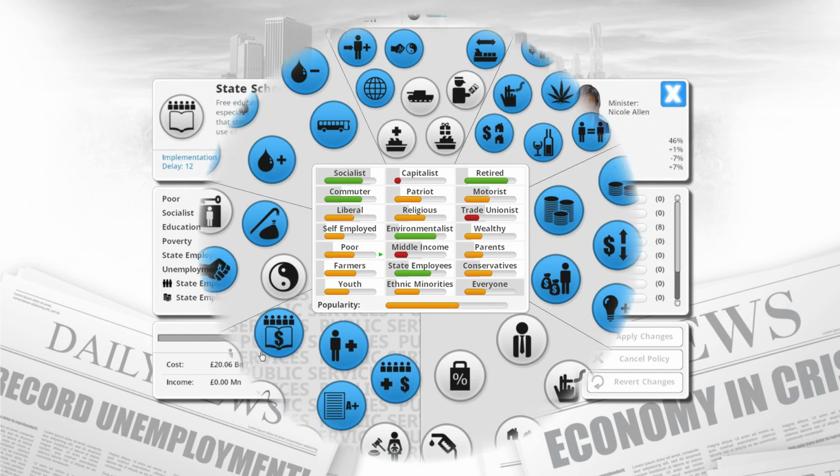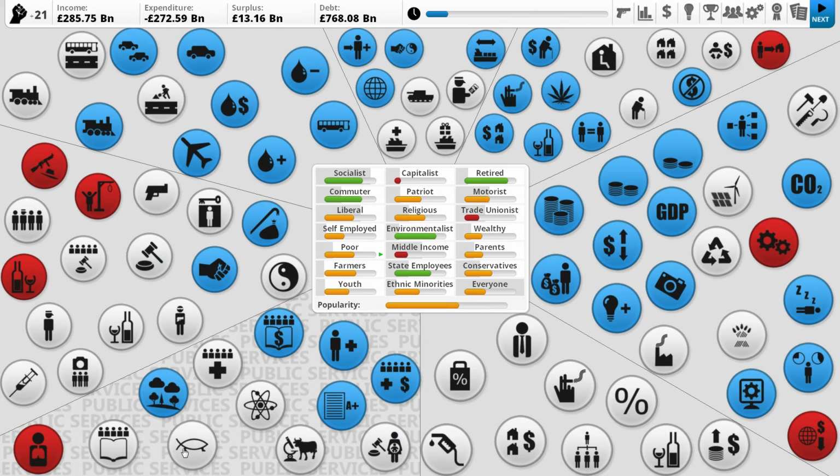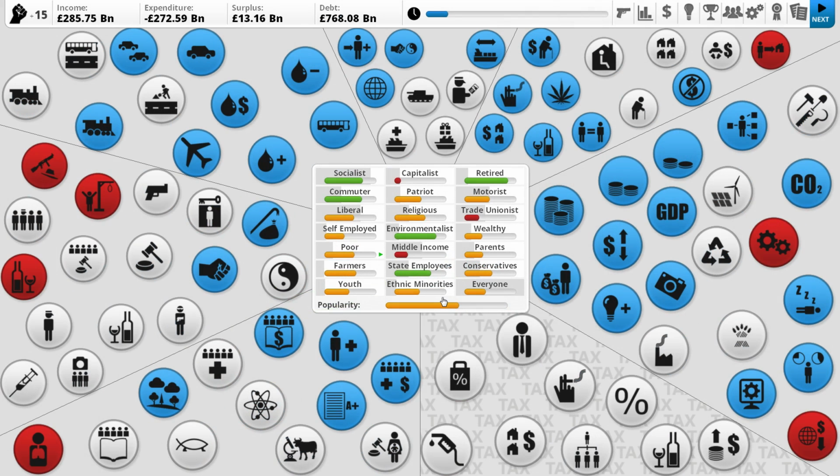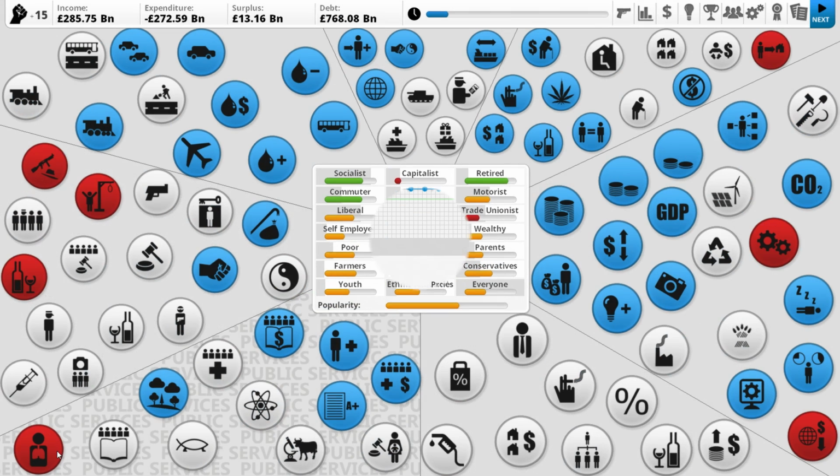So let's increase the science funding a little bit. How much is this? 4 billion, that's a lot, but alright. Good. Now that's it, we have 15 left.